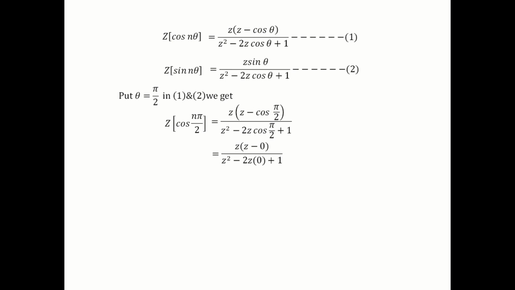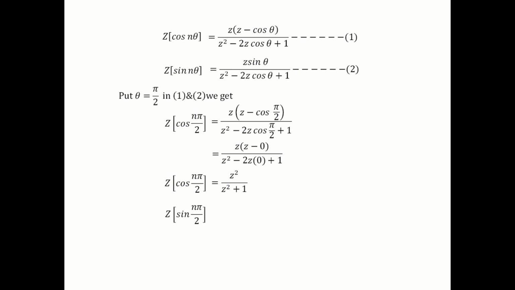We know cos π/2 is equal to 0. So z into (z minus 0) by z² minus 2z into 0 plus 1. So Z of cos nπ/2 is equal to z² in the numerator, and the denominator is z² plus 1.